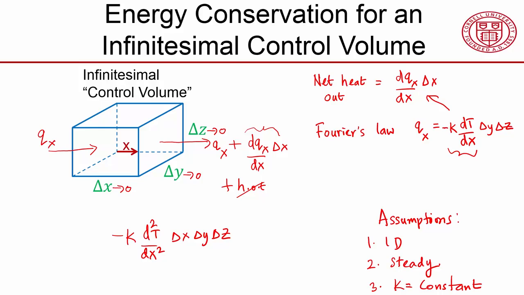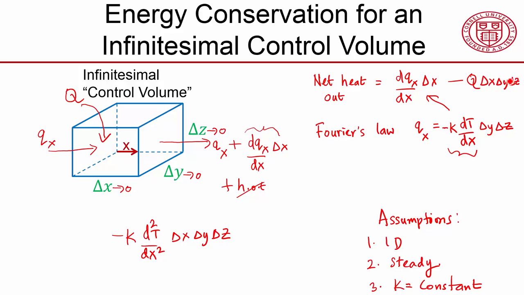I also say that there is another term contributing to the heat, which is the heat generation. I have some heat generation per unit volume, which I call Q. So the net heat out is going to be what's flowing out minus what I'm adding through heat generation. That's going to be minus Q, proportional to the volume, so it's going to be delta x, delta y, delta z.